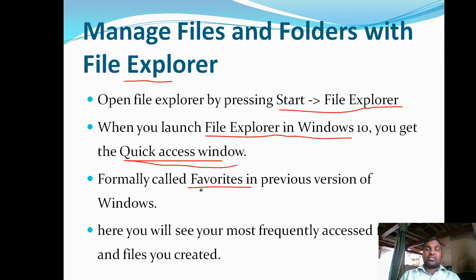Previous versions before Windows 10 include Windows 7, Windows XP, Windows Vista, Windows 8, 8.1 and so on. So all those are previous versions of the present Windows 10, and in those versions we called it Favorites.